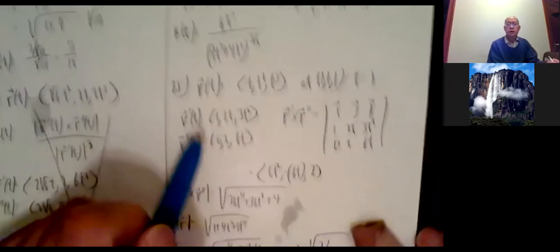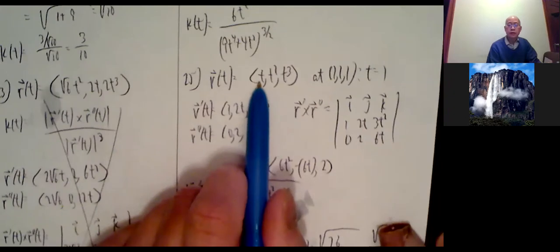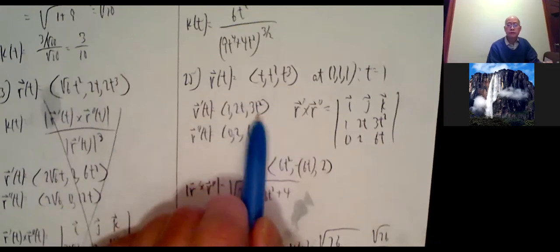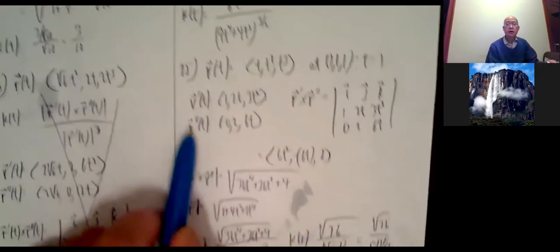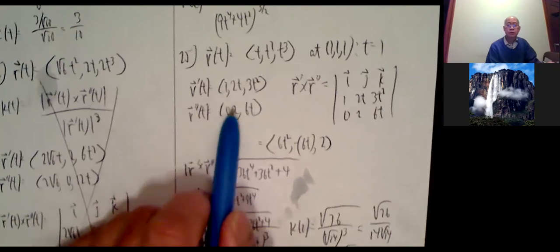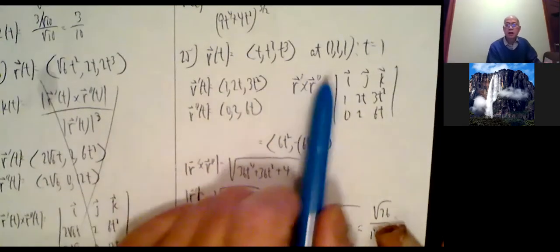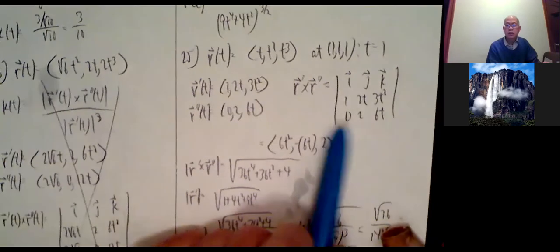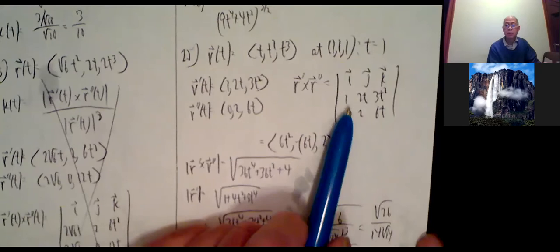By formula, I need R prime. That's easy. Derivative: 1, 2t, 3t squared. You see we're taking one derivative, but you're actually taking 3. R double prime is 0, 2, 6t. Find the cross product. i, j, k, 1, 2t, 3t squared, 0, 2, 6t.